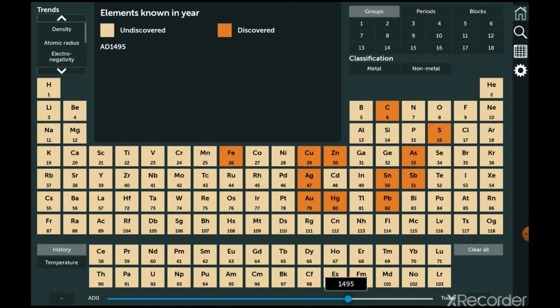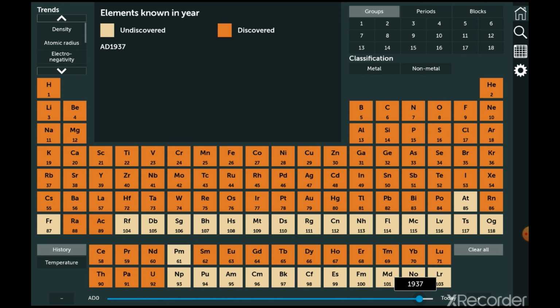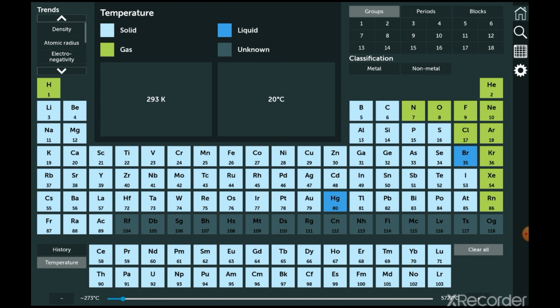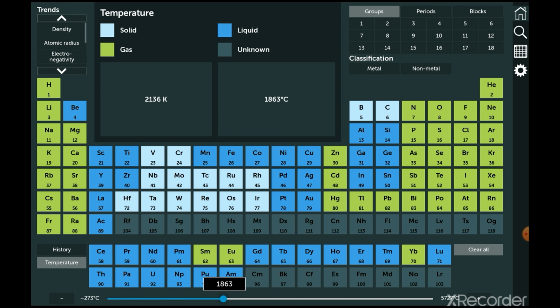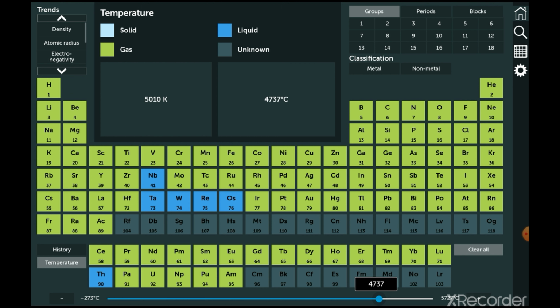As you increase your timeline, you can see most of the elements were discovered between the 1800s and the 1900s. You can even look at the temperatures to know in what state a specific element is at a different temperature. Here we are at minus 273 degrees Celsius, and as we increase our temperature, you can see some of these elements that were solid turn to liquid, and the higher we go in temperature, almost all of your elements are in gas phase.